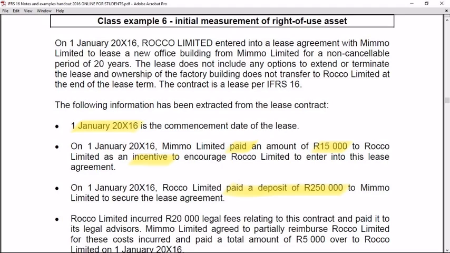Rocco, the lessee, also incurred 20,000 legal fees relating to this contract and paid it to its legal advisors. That is initial direct costs incurred by Rocco. Mimo, the lessor, agreed to partially reimburse Rocco for these costs and paid a total amount of 5,000 Rand over to Rocco Limited. That again falls under the definition of a lease incentive, as we've just read in Appendix A.